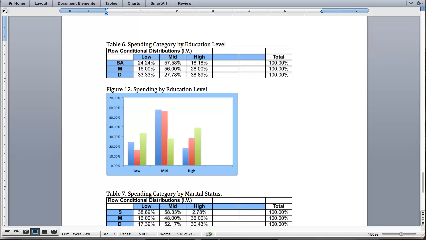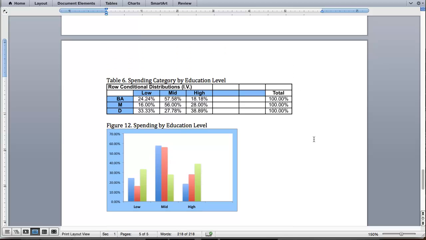So while there are some differences, nothing really stands out. The biggest difference we see on the clustered bar graph is here in the mid category. Some difference here in the high category as well, but incremental changes as ed level changes, but nothing is nearly as big of a difference, as clear of a difference as we see here for gender.